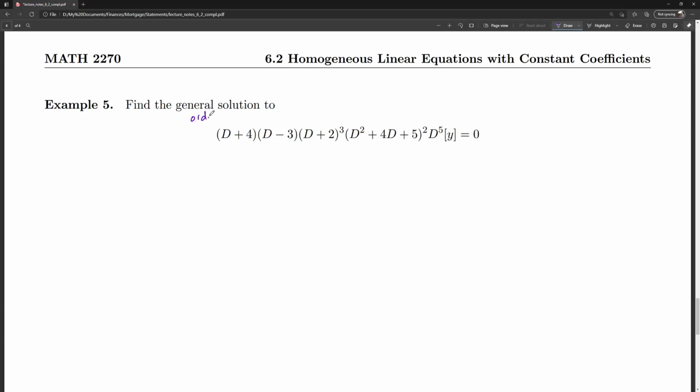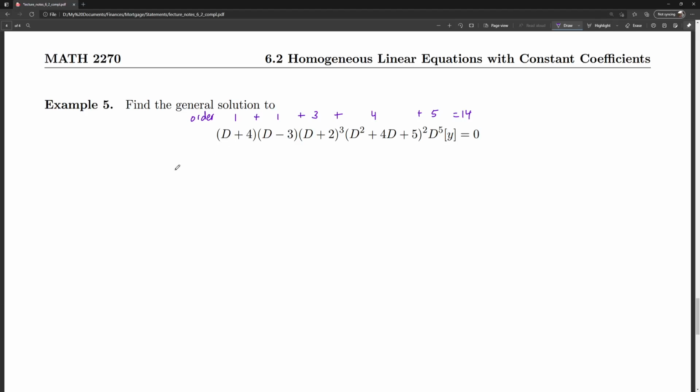So I have 1, and then D cubed, so that's plus 3, and then D squared squared, so that's order 4, and then D to the power 5 is order 5. And so the total order of this differential equation is order 14. So that means when we look at our general solution, we'll need 14 coefficients.